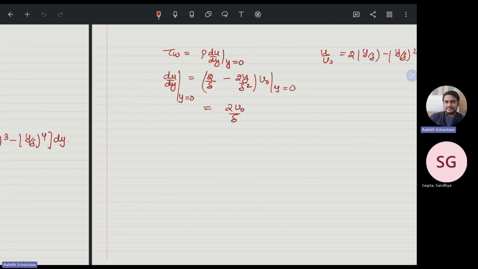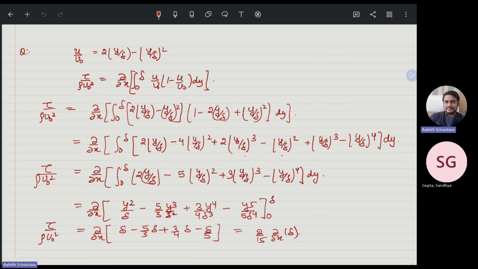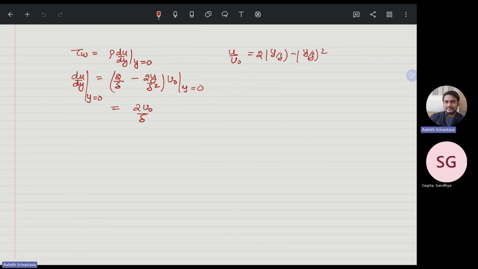Now therefore putting things left and right, tau wall is, sorry, this is mu.